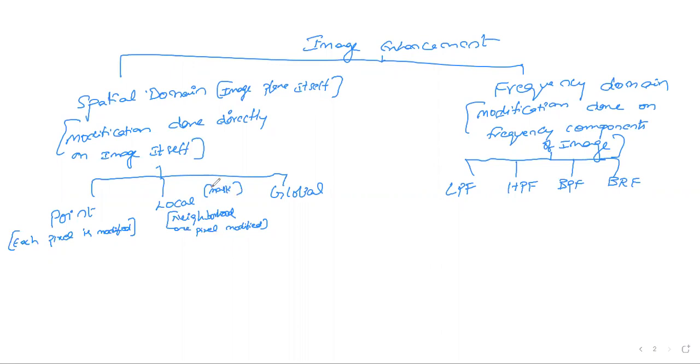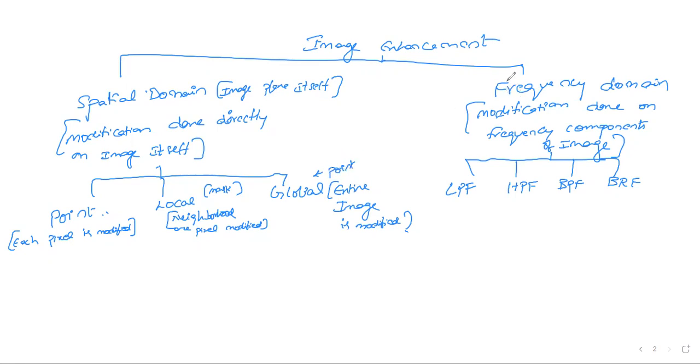And third one is global, where the entire image is modified. Sometimes global techniques are also referred to as point processing because each pixel modification is done through the entire image. So global processing is sometimes referred to as point processing also.